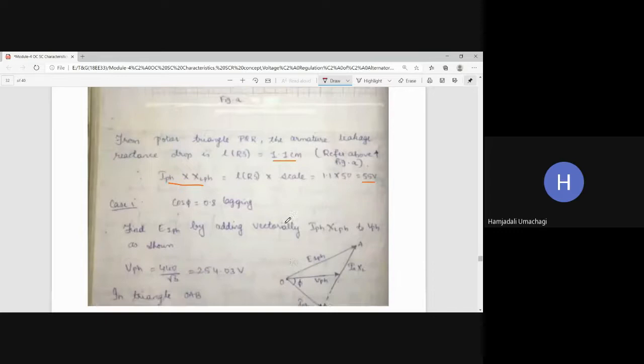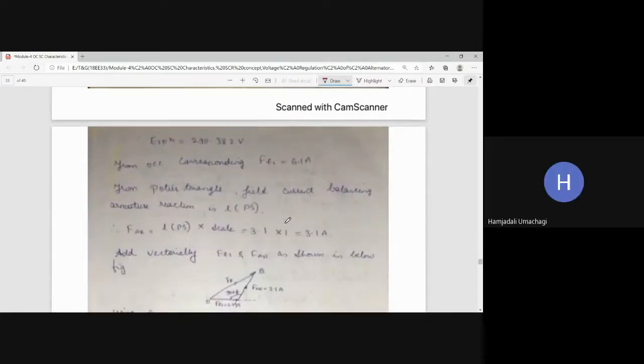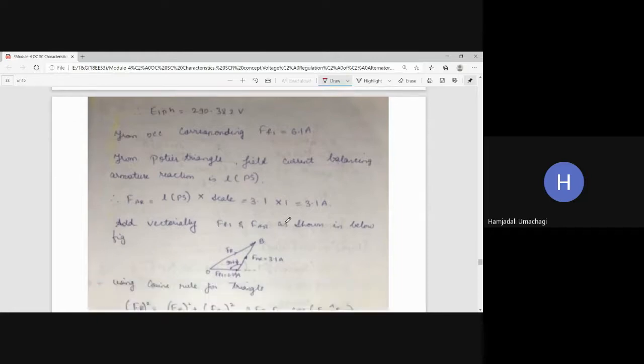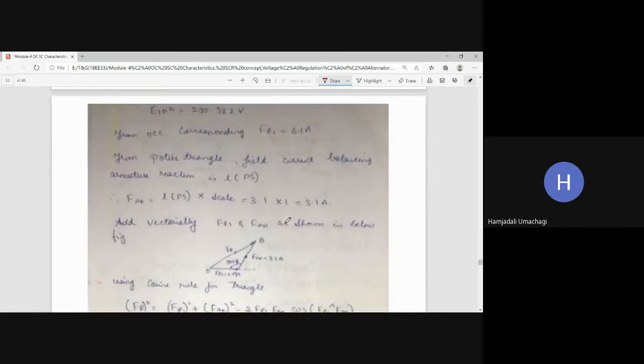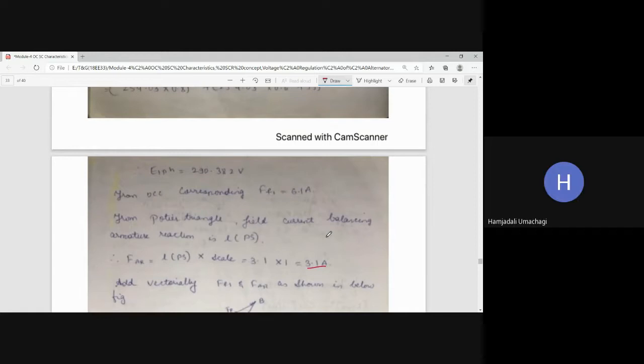PS value is how much? Sir, 3.1. 3.2. Okay, here it is 3.1 or 3.2. It is okay, but for the time being you can take it as 3.1. Is anybody getting 3.1?